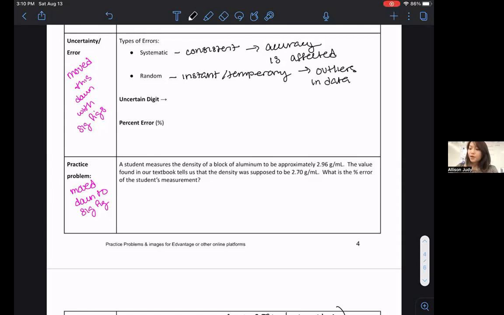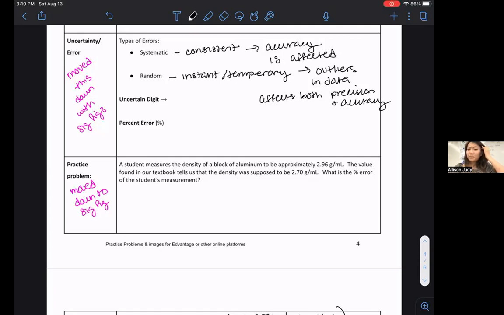This type of error affects both your precision and accuracy.